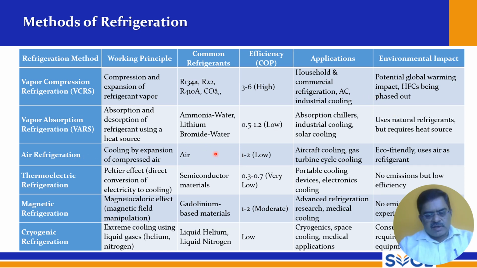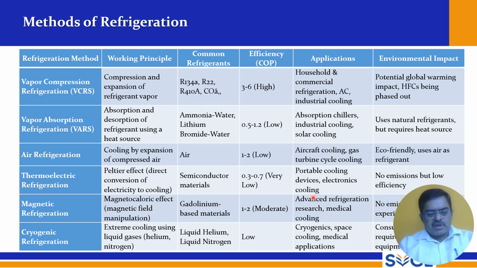Here this is air refrigeration: aircraft cooling, gas turbine cycle cooling, and these are eco-friendly, using air as refrigerant. And thermoelectric refrigeration: portable cooling devices, electronics cooling. No emissions but low efficiency, that is the drawback. Whereas in magnetic refrigeration: advanced refrigeration research, medical cooling, no emissions but still experimental, it is in the experimental phase only, not an established technology.